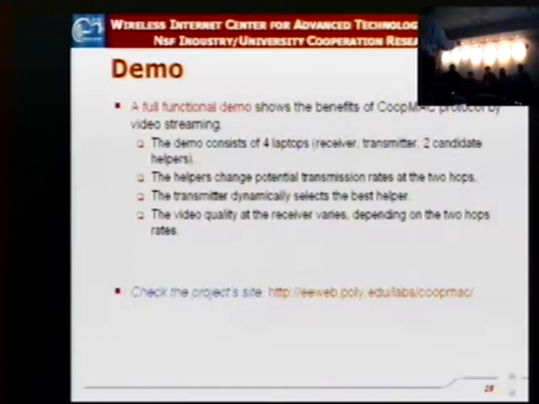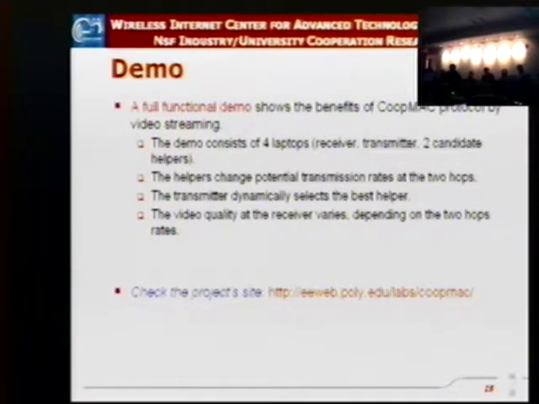So what we do is that dynamically we change the capability of the helpers. We suspend the hello packets so the helpers stop being helpers. And what we can see is that the transmitter dynamically selects a new helper. If it cannot find a helper, it transmits directly at a slow rate, and you can see all these changes affecting the video quality on the receiver.